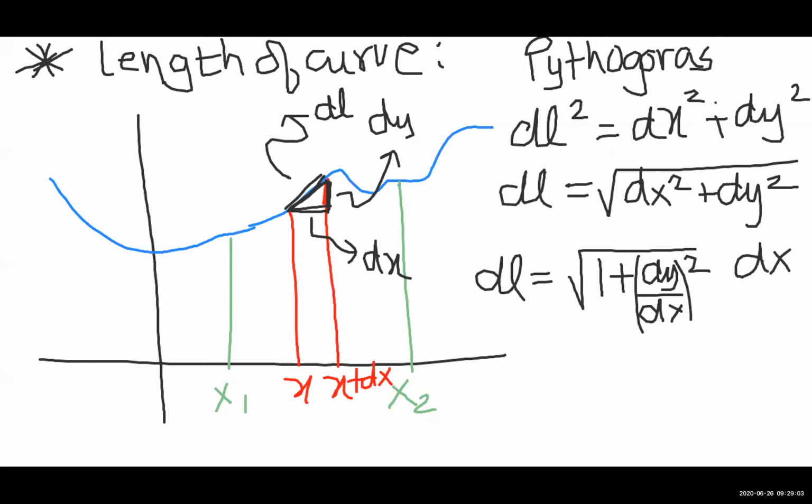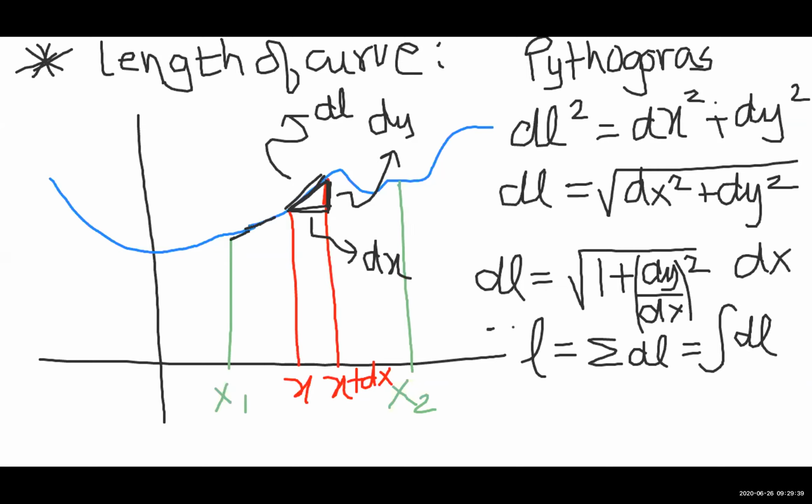And since the length of the curve is the sum of the little dl's, ये थोड़ा सा dl हो गया, फिर ये dl हो गया, फिर ये dl हो गया, तो सारे dl को अगर मैं ऐड कर दूंगा, so L is equal to the summation of dl. Another way of summation is integration.